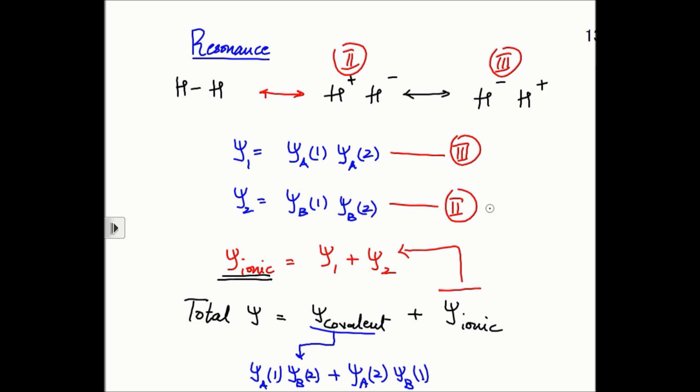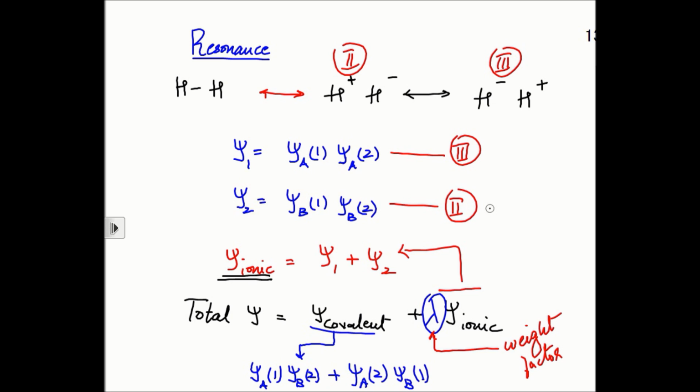The total wave function should be psi covalent plus psi ionic, except that there is a small lambda which is introduced before the psi ionic. Can you tell me why? Is the psi covalent and psi ionic equally likely according to your concepts of chemistry?